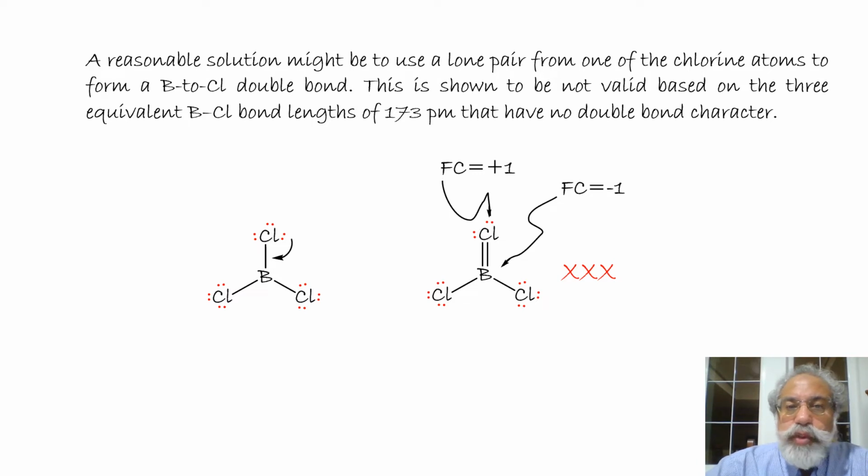A reasonable solution to that is, again, taking 2 electrons from one of the chlorines and giving them to the bond between the chlorine and the boron.